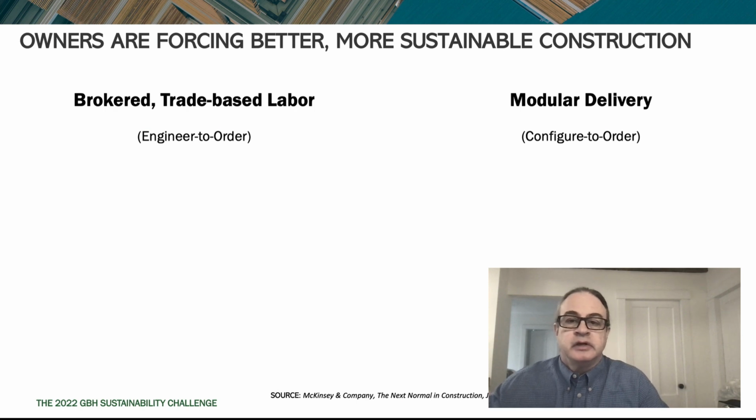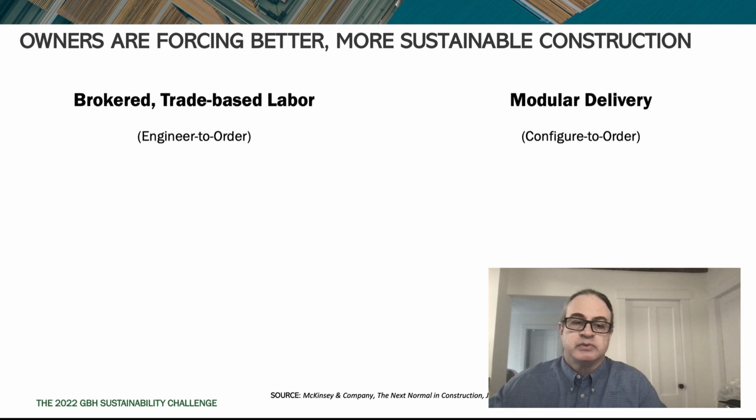First off, there's really 2 approaches in the market to changing the construction delivery system. The existing system is based on brokered trade-based labor. So that's what we consider the current system of general contractors and subcontractors, with the general contractors serving as brokers of the subcontractor labor and sometimes using their own direct labor to self-perform certain things.